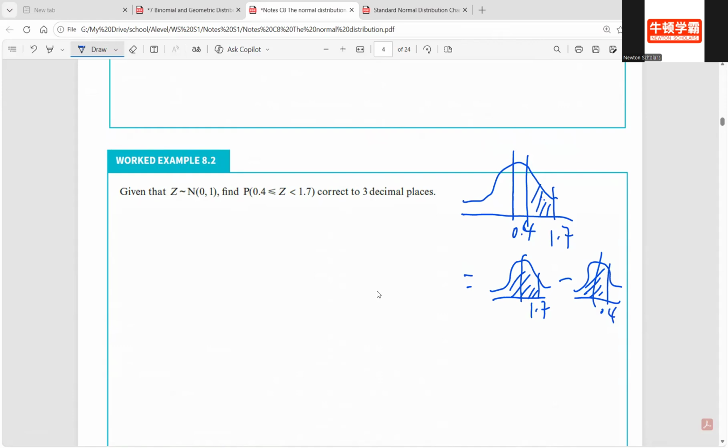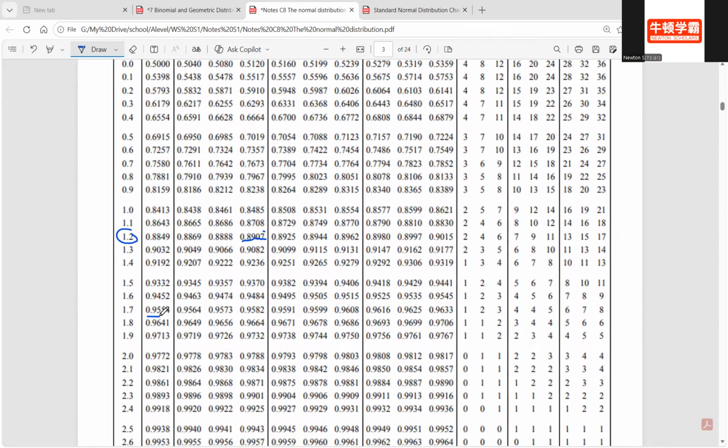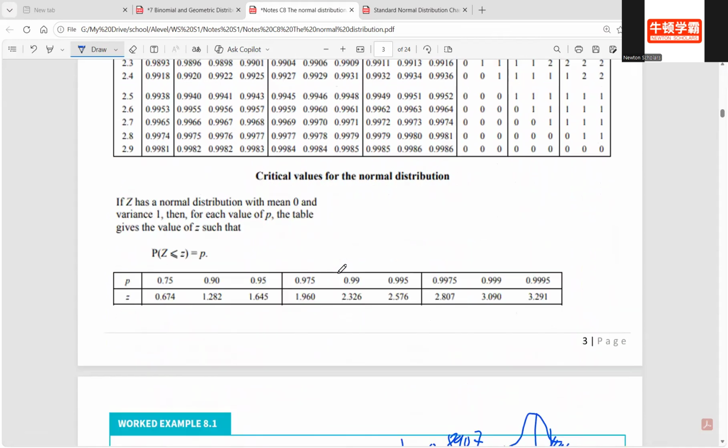Sometimes they write in this way, so like this, 1.7 minus 0.4. Okay, 1.7, we go to the table, 1.7, 0.554.